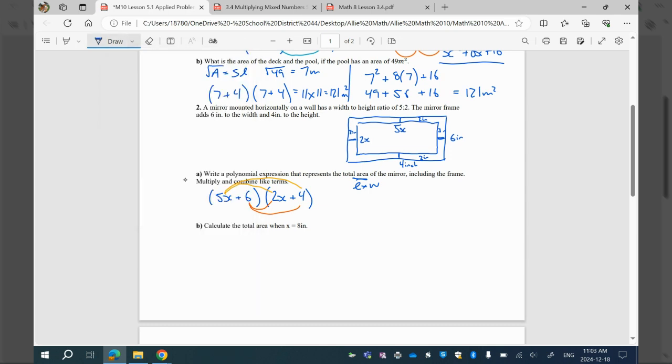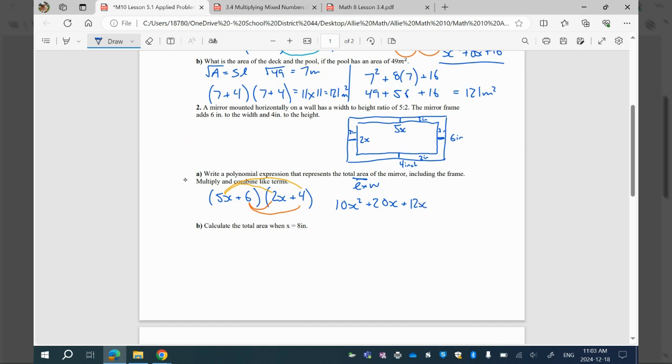So 5x times 2x, you multiply the numbers in front. So 5 times 2 is 10, and x times x is x squared. Next, we have 5x times 4, so 5 times 4 is 20, and we just bring our x along. Next, our inside terms, 6 times 2x is plus 12x.